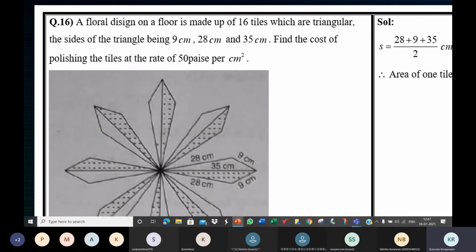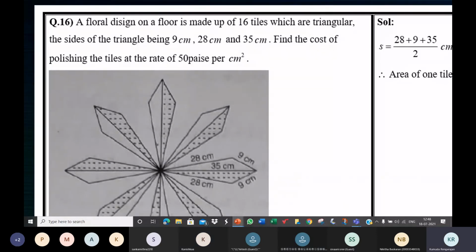And what is this area of 16 tiles? Ma'am, the total area, ma'am. Area of what? Ma'am, total flower design. Yeah, correct.